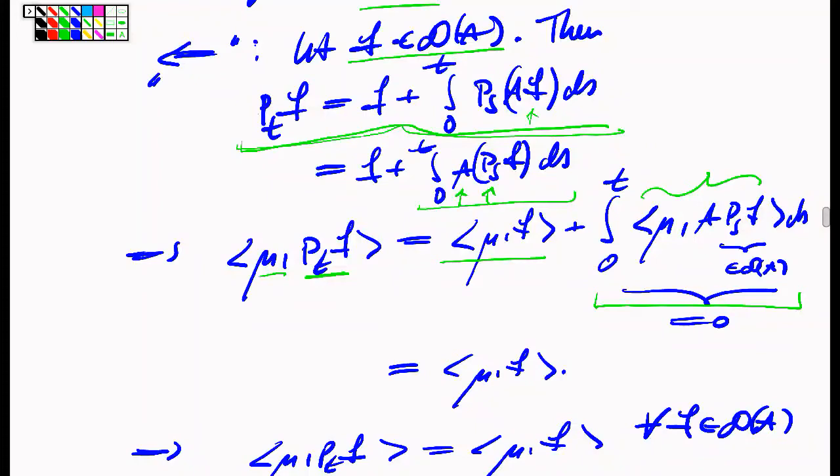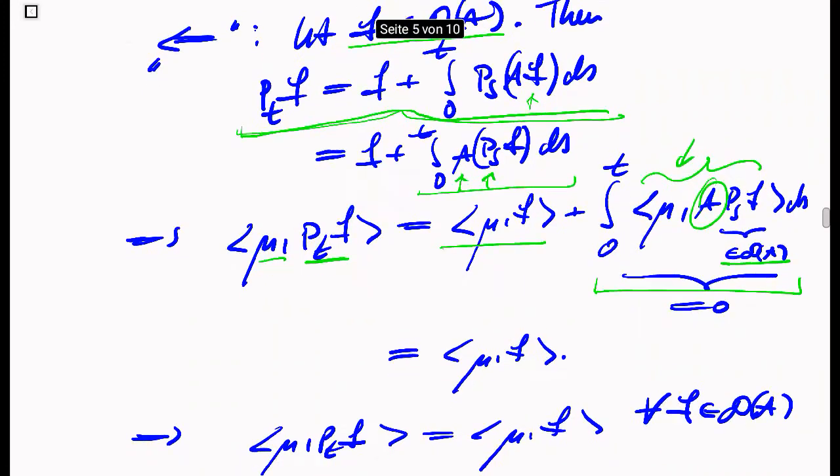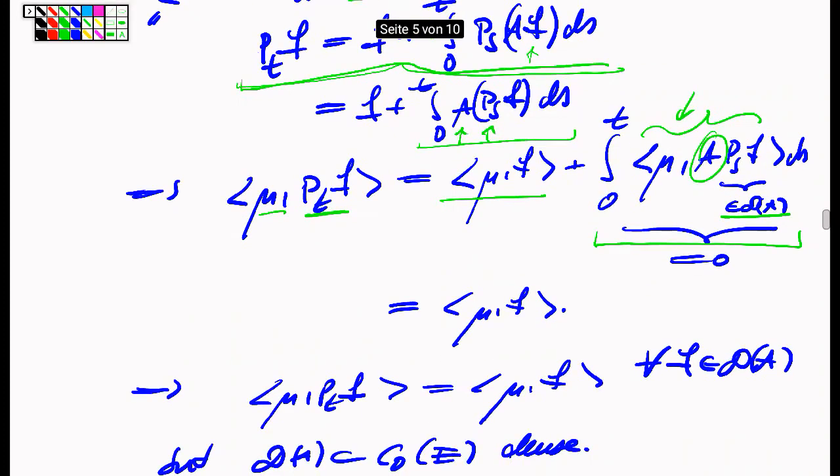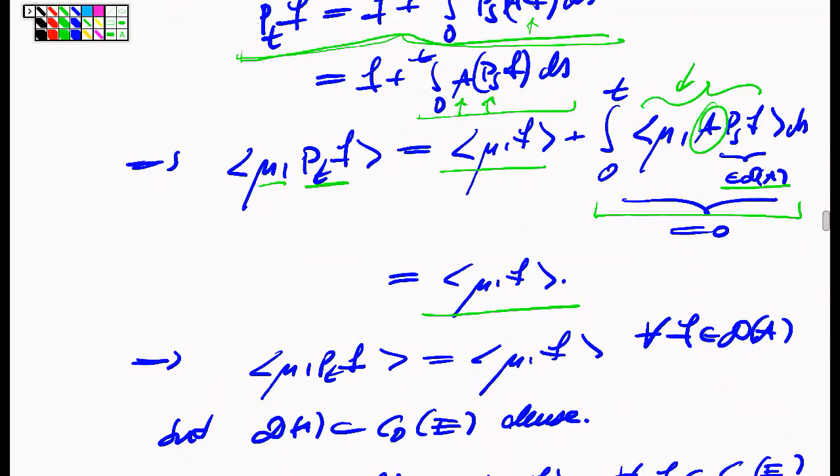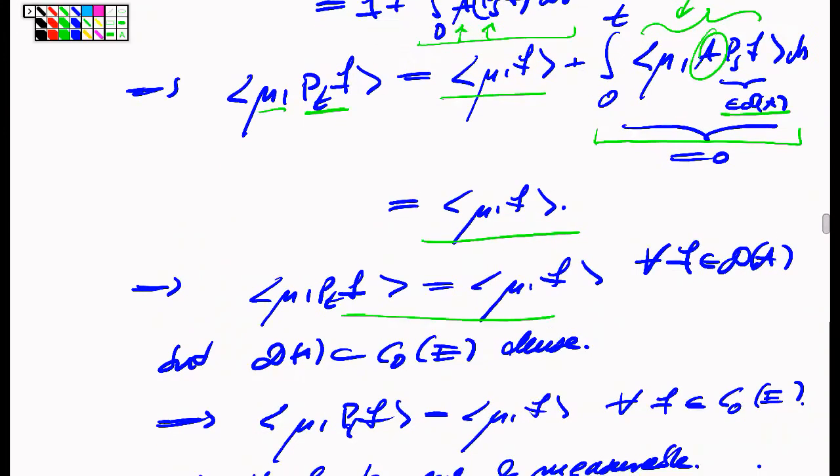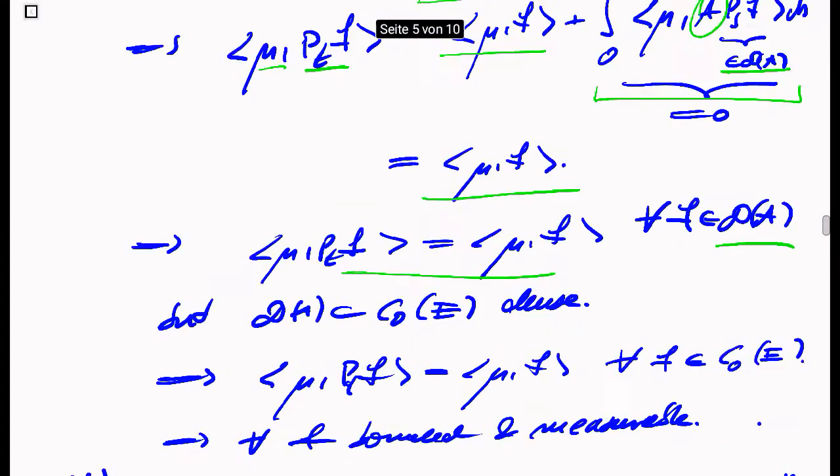So we can use the condition that A maps all functions in the domain of the generator onto functions which integrate to 0 against mu, and hence the whole integral on the right hand side is in fact an integral over the 0 function. So there is no contribution of that part, and we end up with mu f on the right hand side, which means that mu integrated against Ptf is the same as mu integrated against f. That's correct, at least for all functions in the domain of the generator.